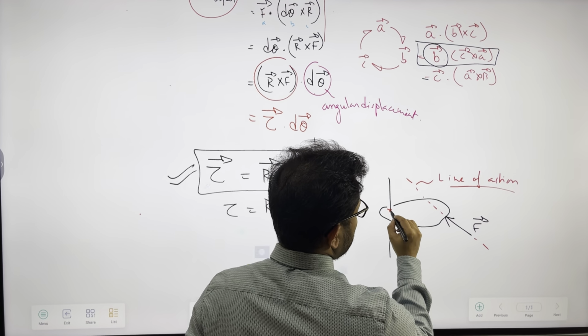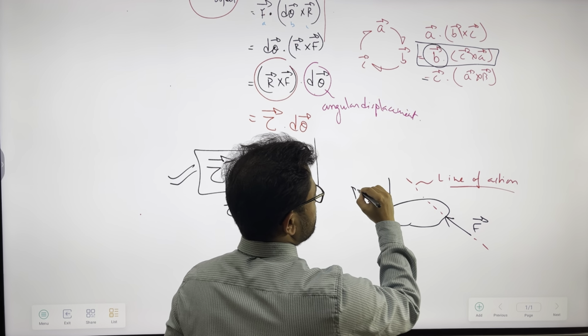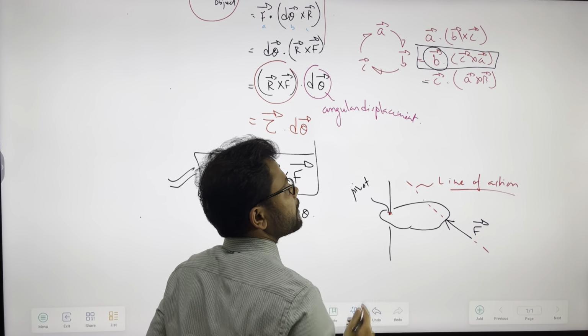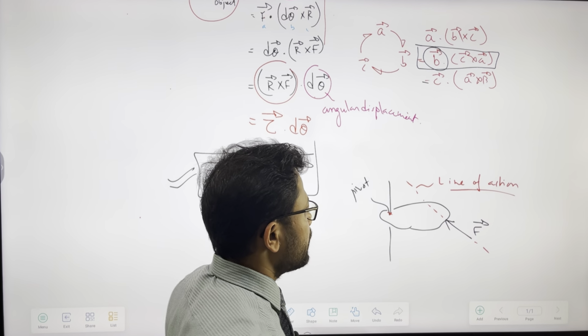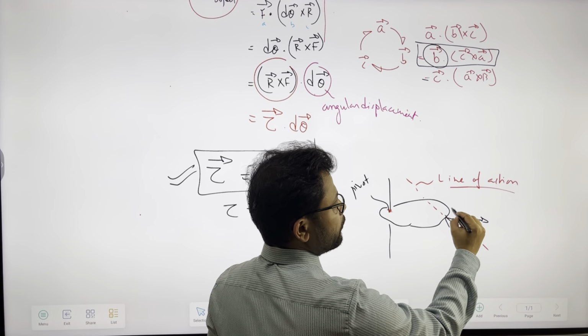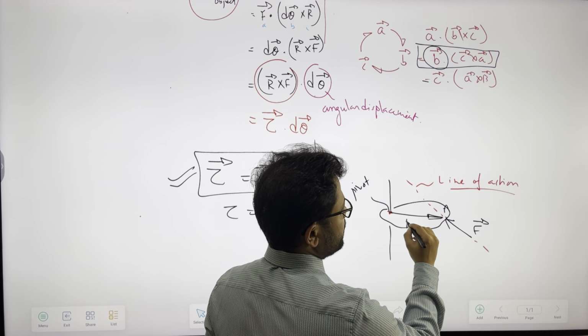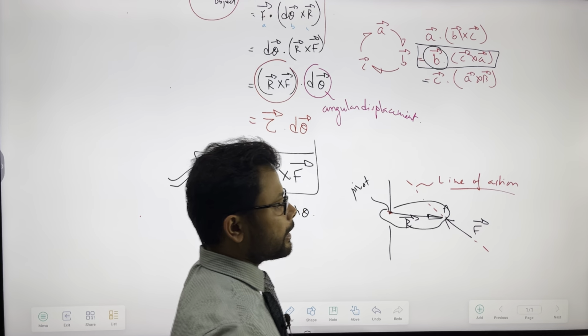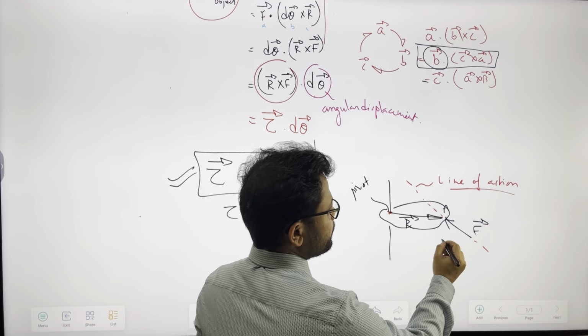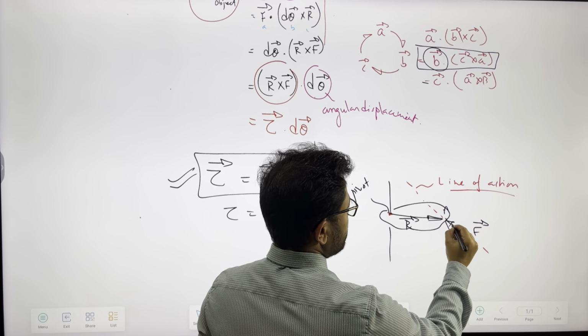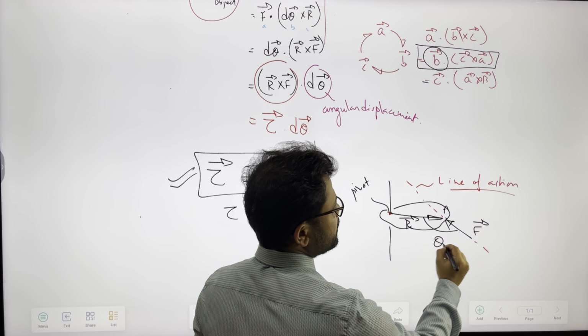So we consider this point to be the pivot. This pivot is a point about which an object can turn. And this is the point of application of force. Let's call this point A, and this is going to be the r vector in this case. All right. And what is the angle between them? The angle between them is going to be termed as theta.